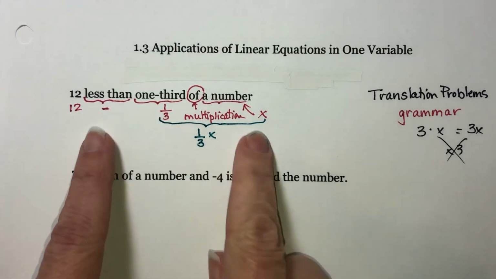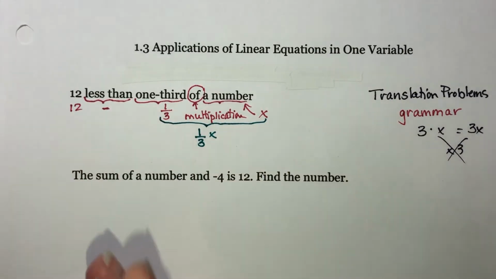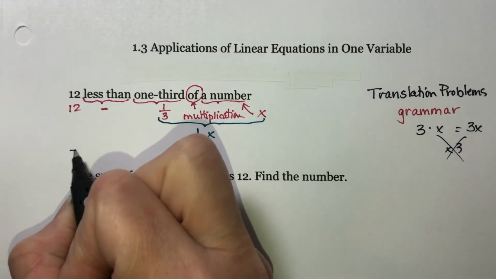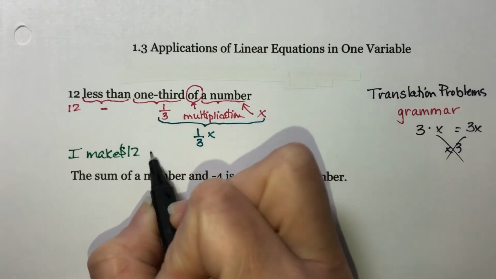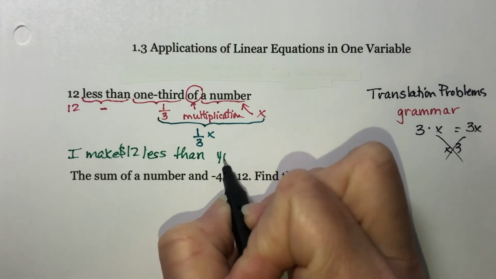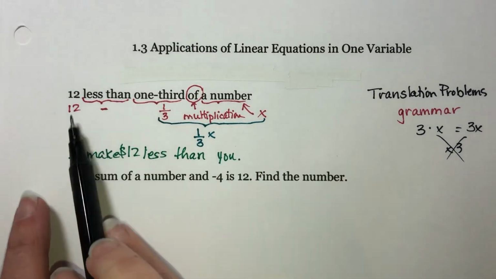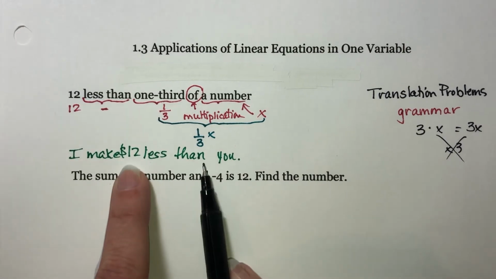All right, so I'm going to put other numbers in here in the same pattern so we can figure out which way it makes more sense to write our answer. So a quick alternate thing. Let's say I make $12 less than you. It's the same pattern here. I make 12, I made it into dollars for context, less than you.